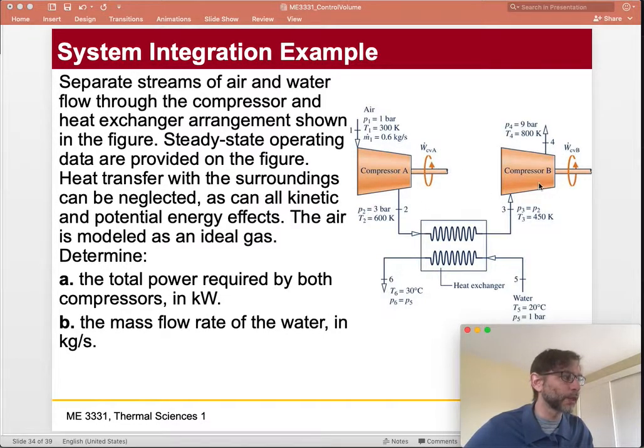You're going to put work into each of these control volumes, compressor A and compressor B. The beautiful thing is that you've got a heat exchanger, and what you'll find when we do second law analysis of these types of things is that this cooling in between compressors is really advantageous because it allows the compressor to be more efficient.